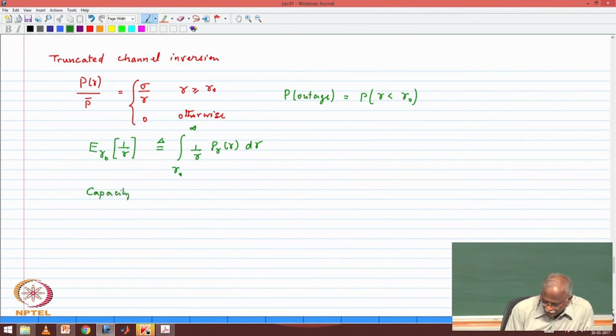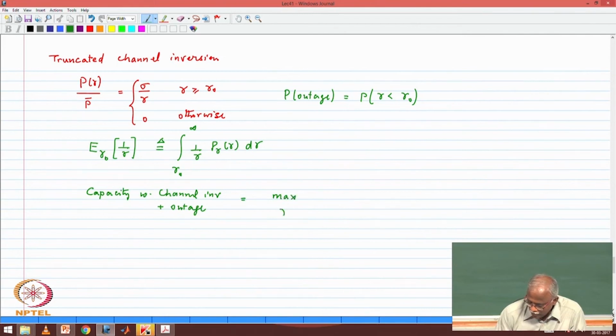So, the capacity with channel inversion plus outage: you are going to understand that there are some channels under which we cannot transmit information. So, you maximize over all possible thresholds gamma naught, you decide where you want to set the threshold, and beyond that you do the channel inversion: b times logarithm base 2 of 1 plus 1 over this modified expectation.